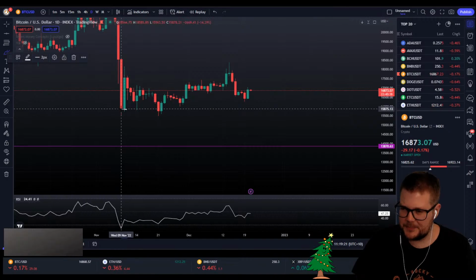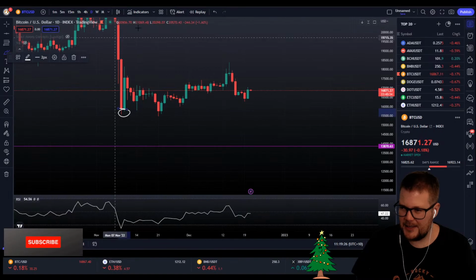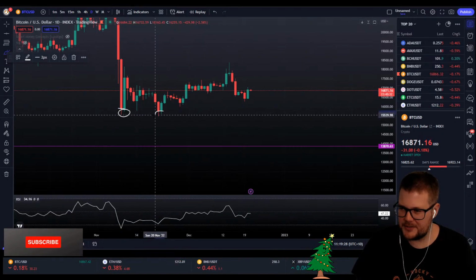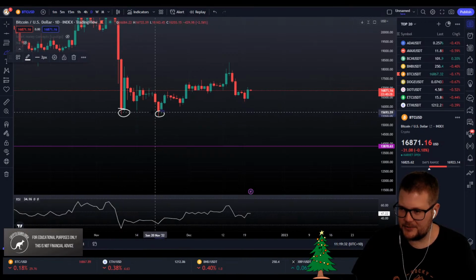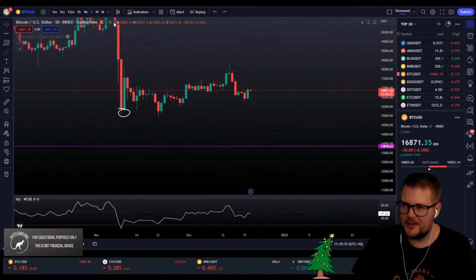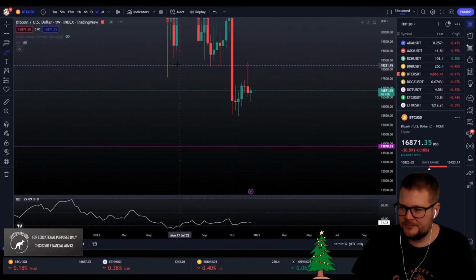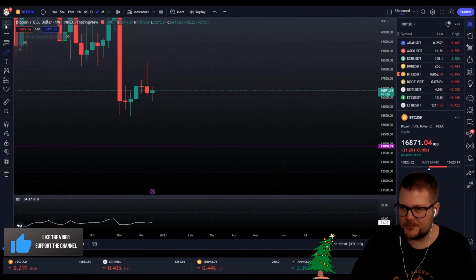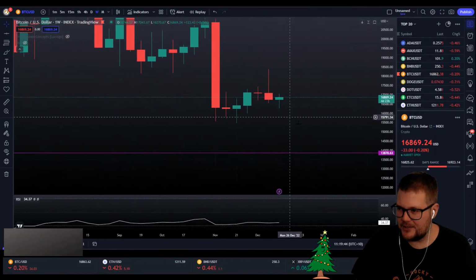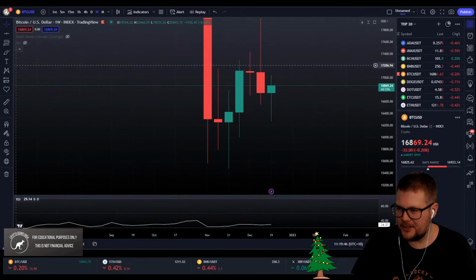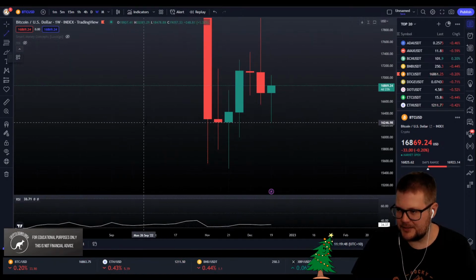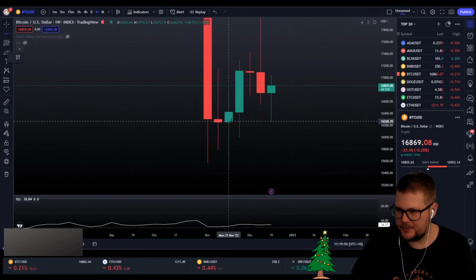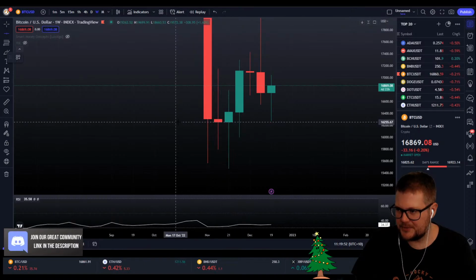At least in this time zone or area of time that we're in, there is evidence of a lot of buying right here, with these wicks. If we go up to the weekly, look at the wicks on the weekly chart. So far, we seem to be holding this line right here. Let me just draw a horizontal.